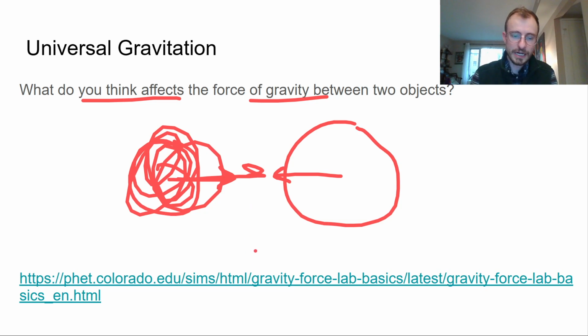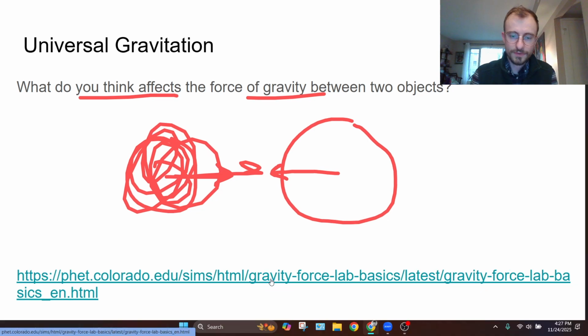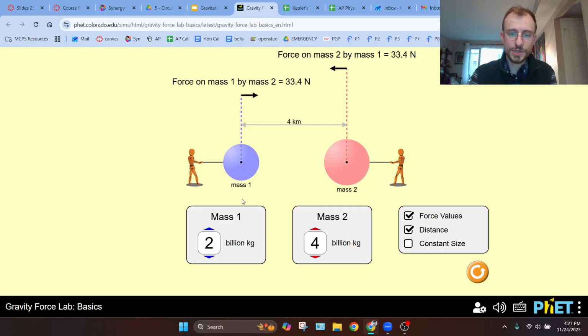I have a link that explores that. You can do this yourself, but we'll start with me going over it. Here we have two masses held onto by these dudes, and they're 4 kilometers away. This one's 2 billion kilograms, and this one's 2 billion kilograms, so that's quite a bit of kilograms.